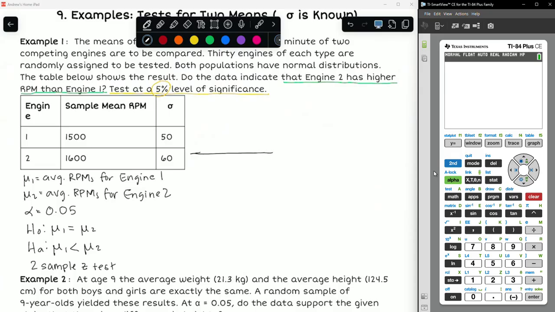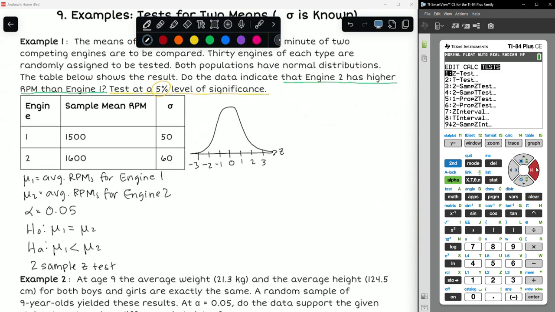I'm going to draw my distribution, and then I'm going to list the calculator command and identify the values that are being used in the calculator command. So going to my calculator stat tests, the function is called a 2-SampZTest.